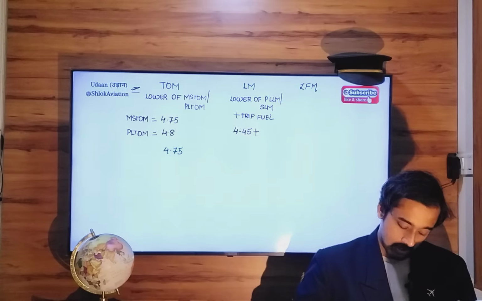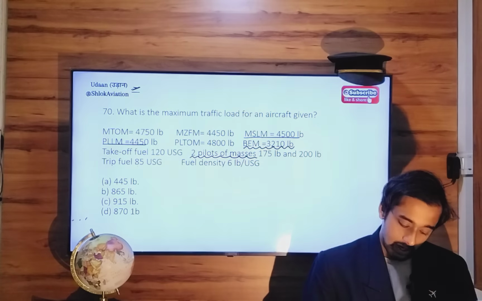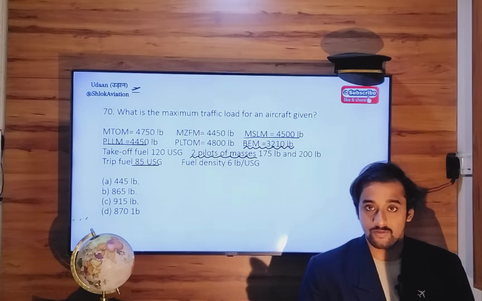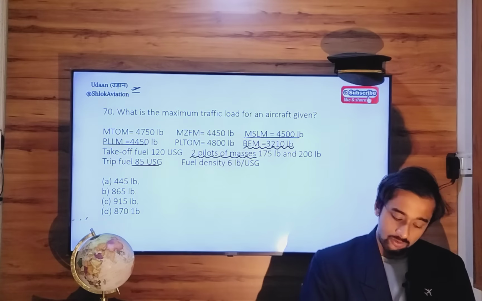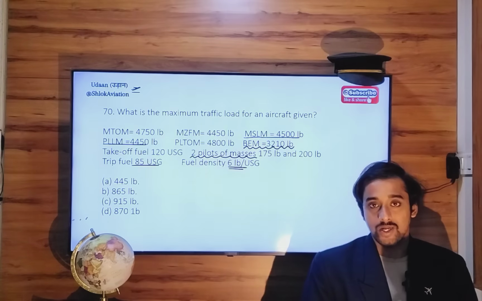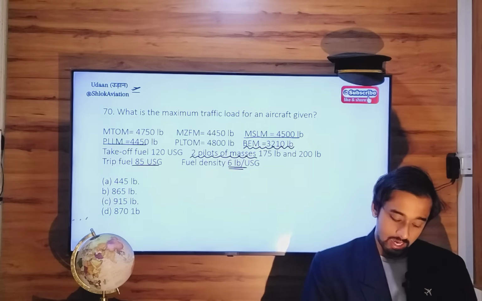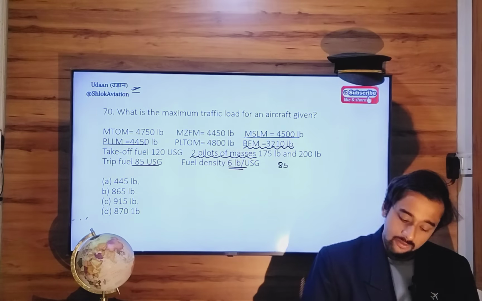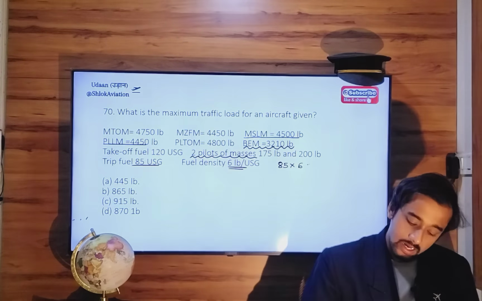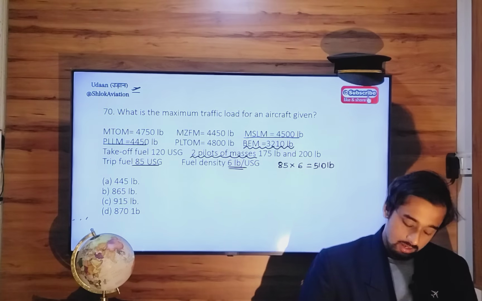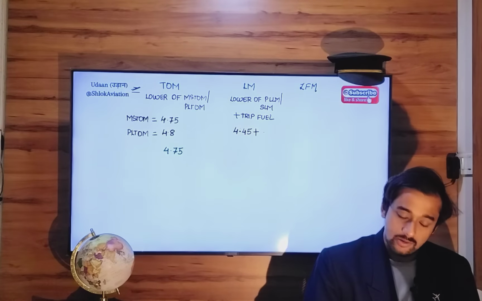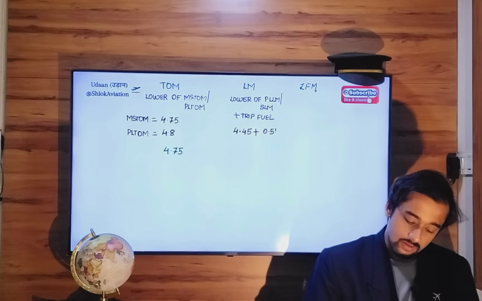To that you add trip fuel, which is 85 US gallon. Now 85 US gallon is not the weight, it's volume. To convert volume into weight, you will have to cross multiply, which is given here. 1 US gallon is 6 pound. So 85 US gallon will be 85 into 6, which is equal to 510 pound. So I'm going to add 510 pound here, but divide by 1000 you get 0.51.